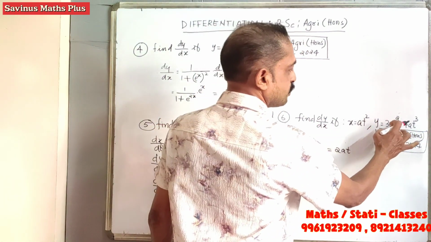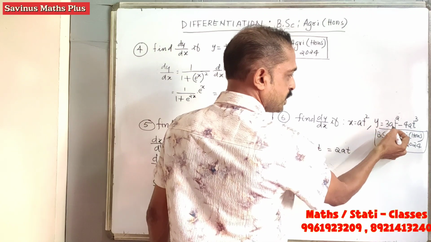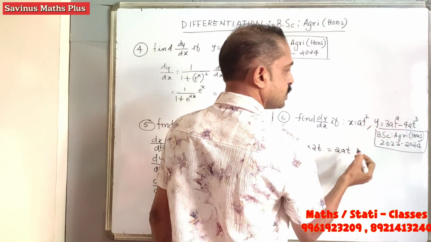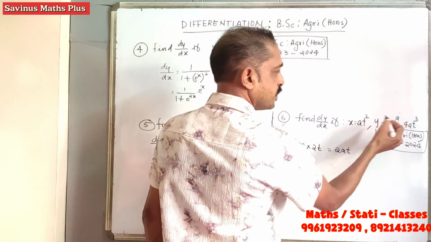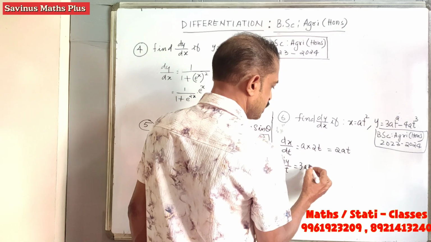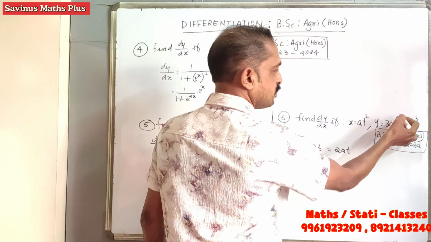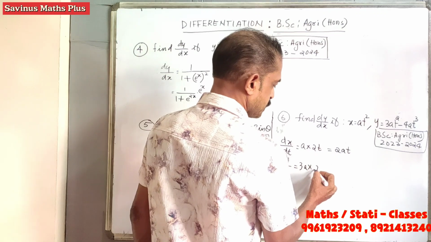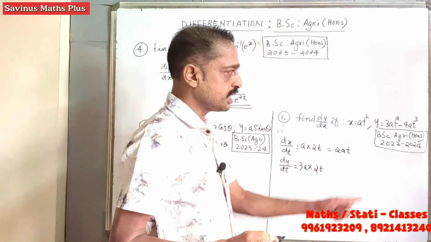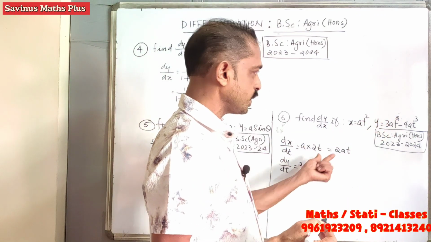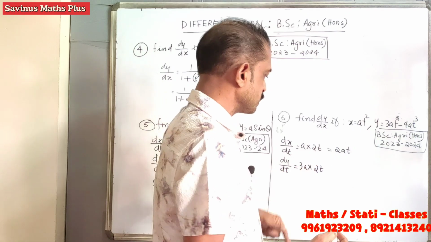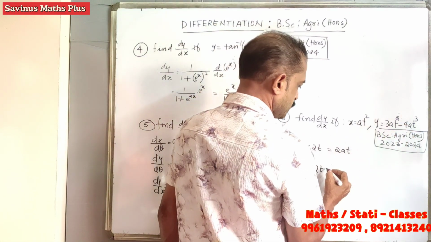What is the derivative of 3at square? Here 3a is a constant and t square is a function. So constant into function, you will have to write constant into the derivative of t square. Constant 3a into the derivative of t square with respect to t, which is 2t. The derivative of x square with respect to x is 2x. You will have to put a negative sign.